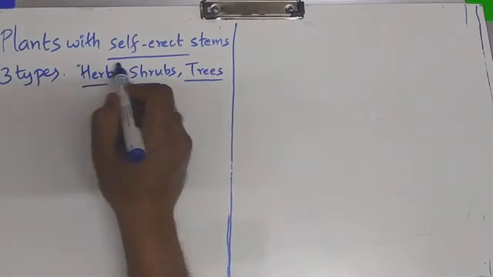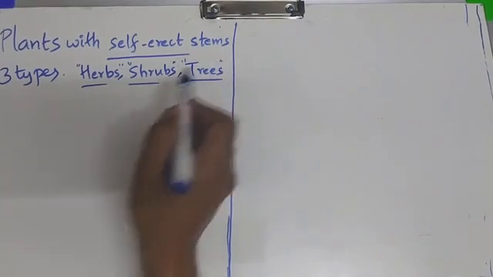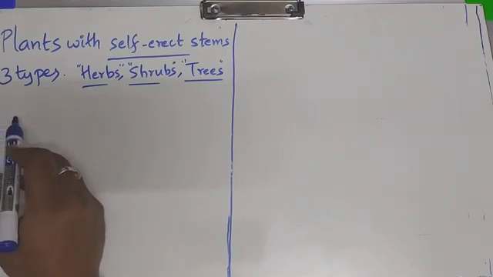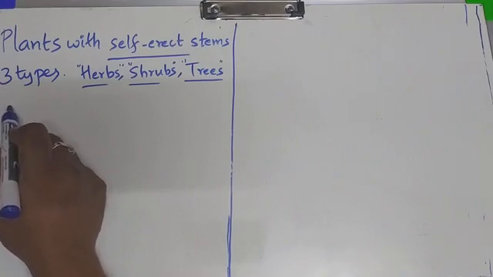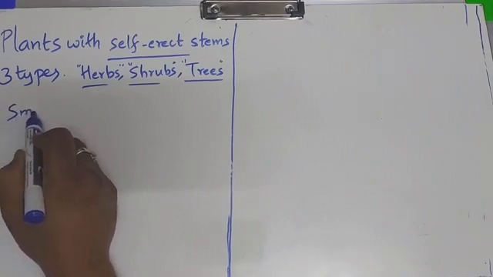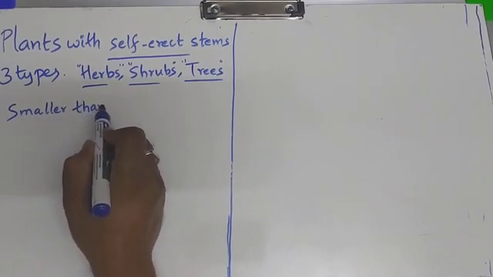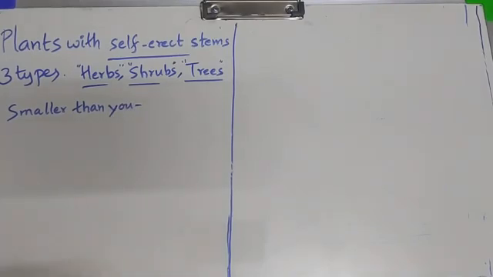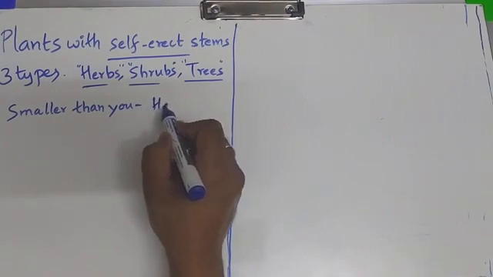If you take herbs and shrubs and trees, we can easily identify them by their size. Herbs are generally smaller than you. Means if you take your body length or size, then compared to you, herbs are generally smaller than you.